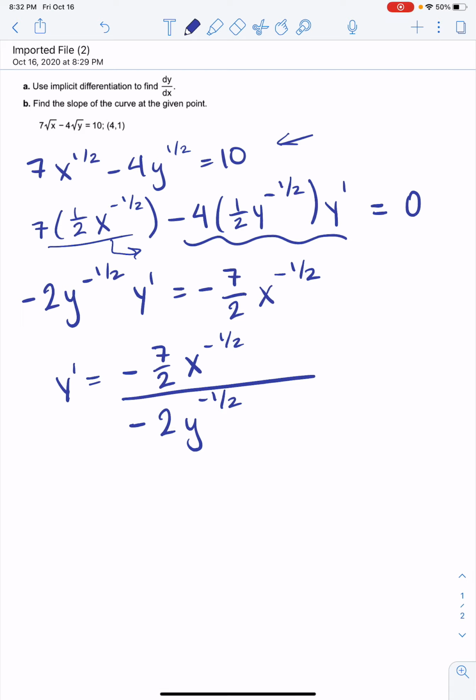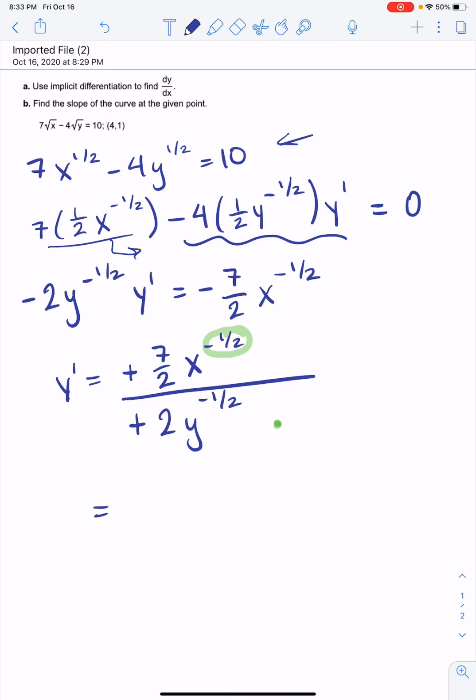We could clean this up. Okay, so the two minus signs can cancel because we have -1 divided by -1. And then anytime we have negative exponents, that really means that this x to the minus 1/2 would be x to the plus 1/2 down here in the denominator. And same thing with the y to the minus 1/2 would really be y to the 1/2 in the numerator. So we could move those.